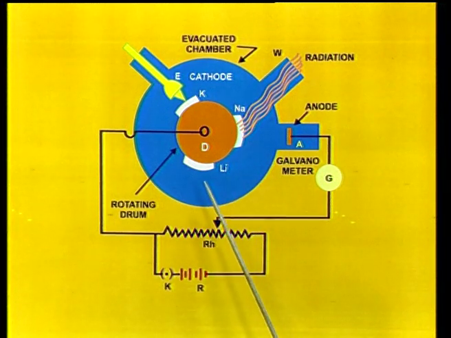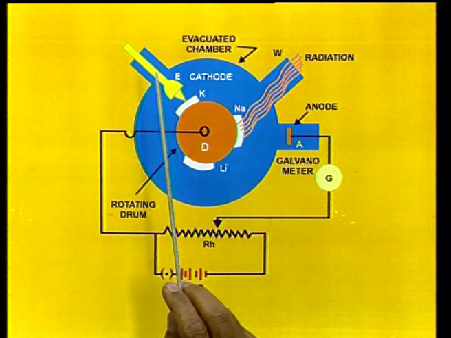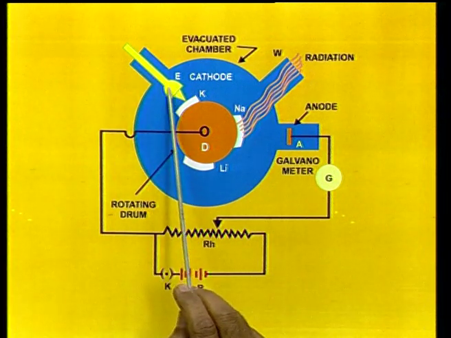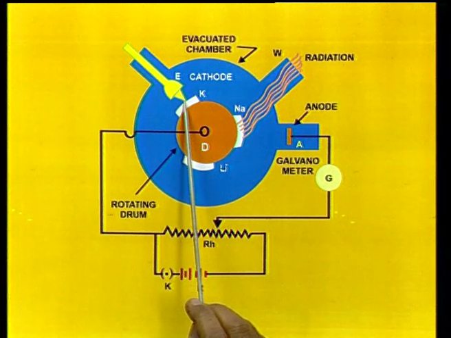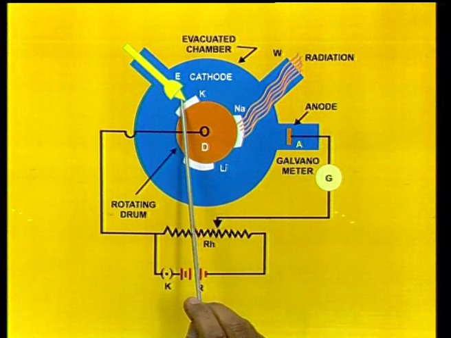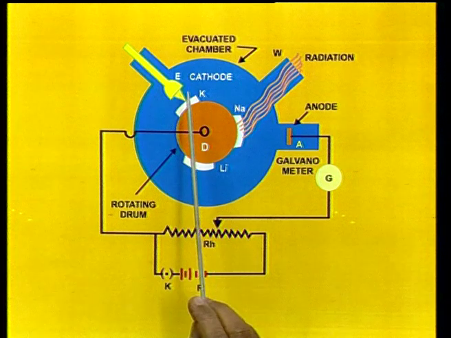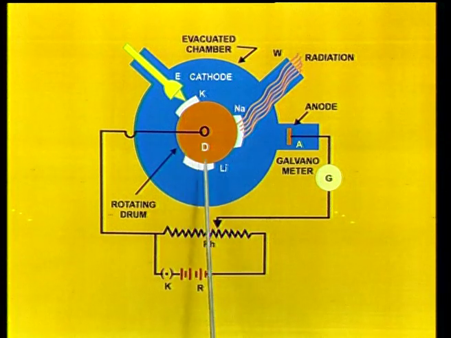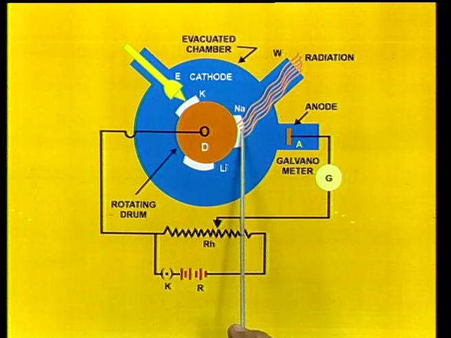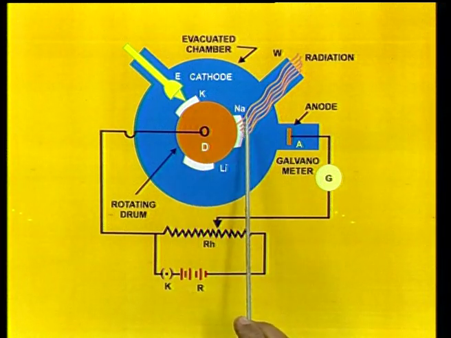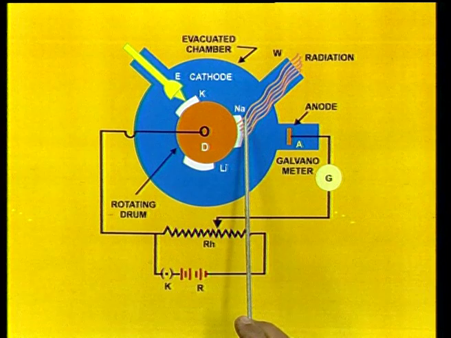In this chamber we observe a cathode in contact with whatever metal we want: K means potassium, or Li, that is lithium, or sodium.